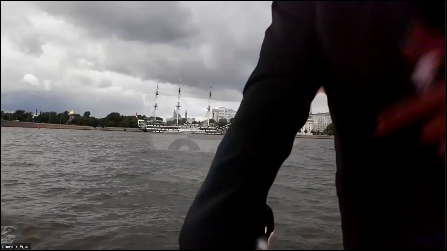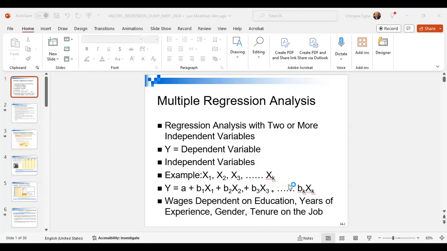All right. So now I'm going to pull up the multiple regression. Wait a minute. Something is echoing somewhere.